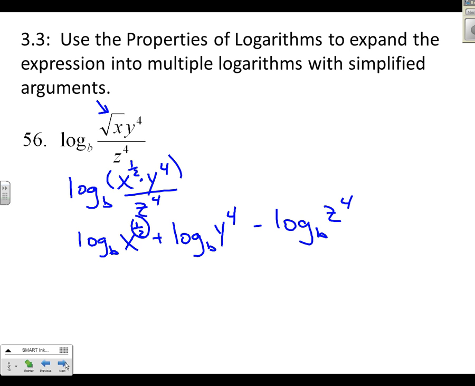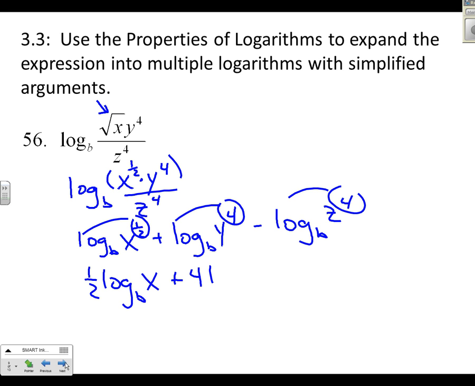Exponents can get pulled out in front, giving me 1/2 log base b of x plus 4 log base b of y minus 4 log base b of z. And there's no way I'm going to get simpler arguments than just plain old x, y, and z.